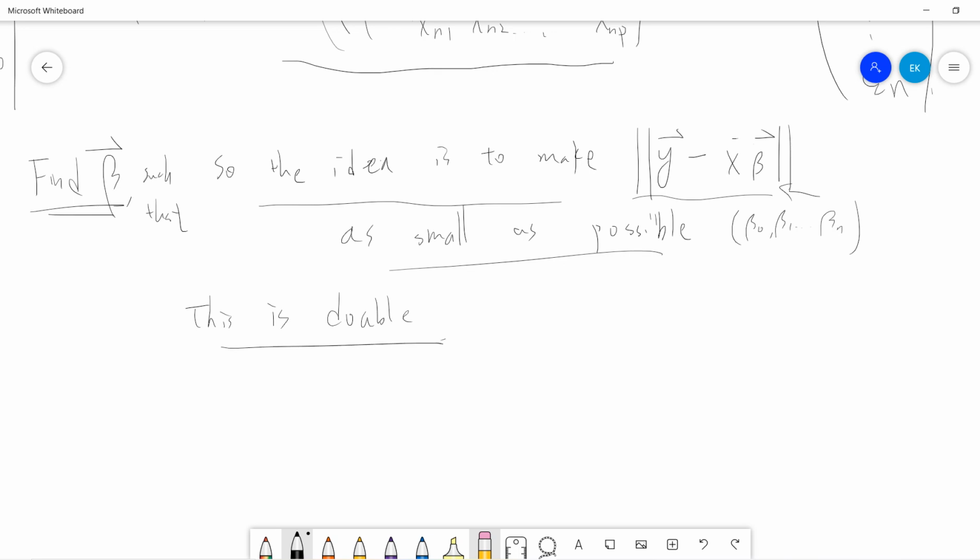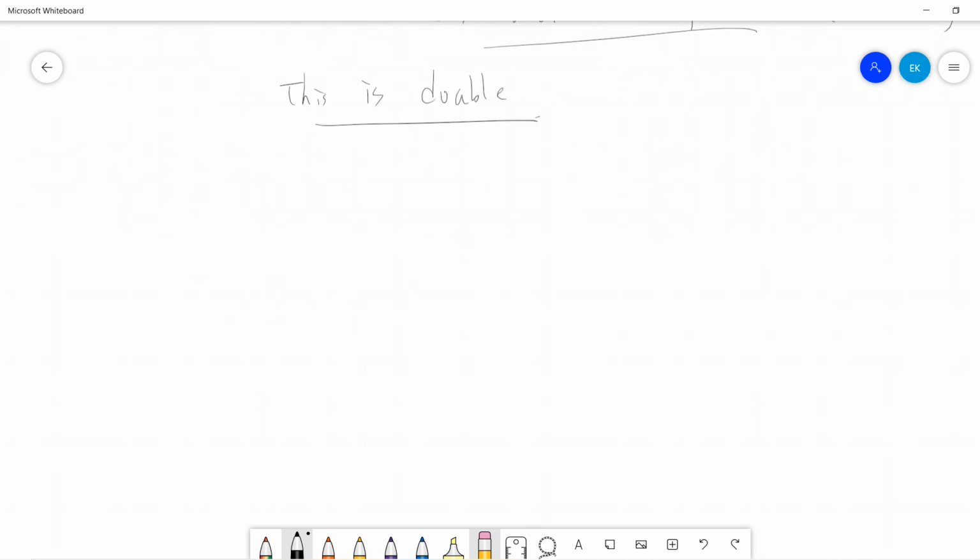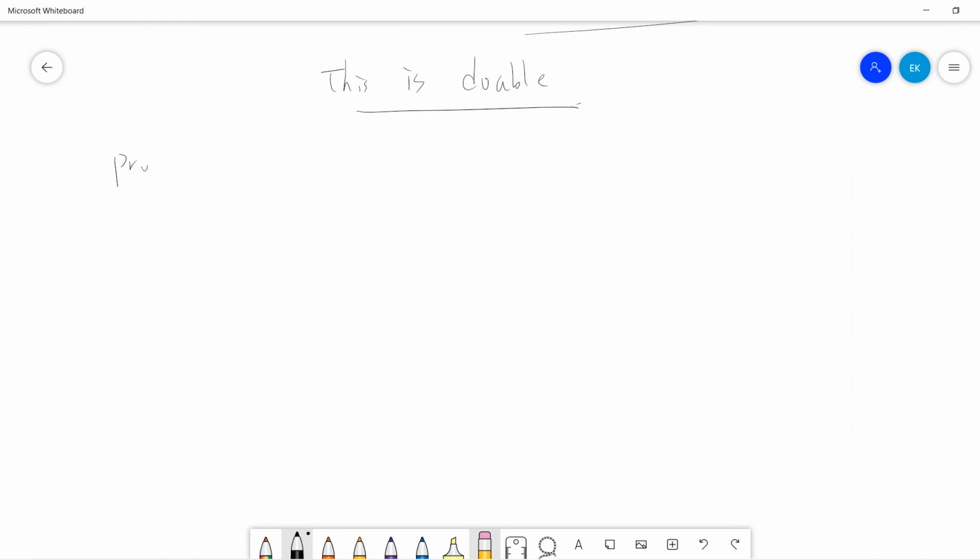And how do we prove this? This is called the least squares method, and also the normal equations. So let's quickly give the proof. The proof is basically the normal equations.